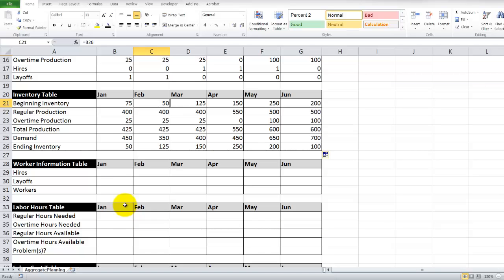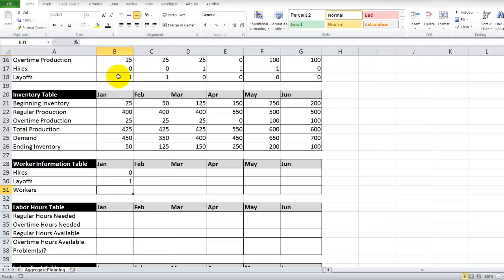Okay, let's move on to the worker information. I do have a field here that I'd like to reference, hire, so I can reference the value hire in B17. Layoffs, in this case, will be 1 from B18.